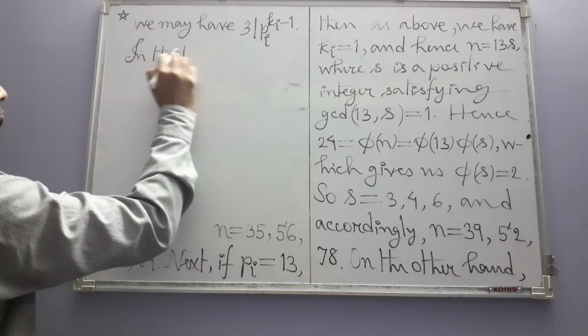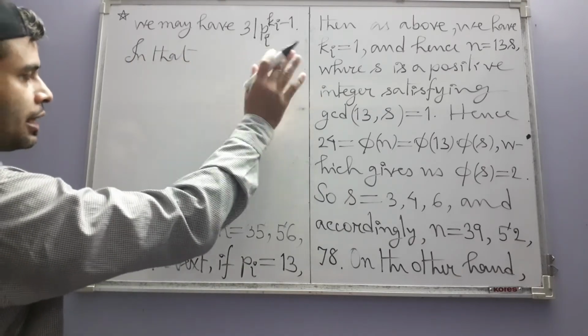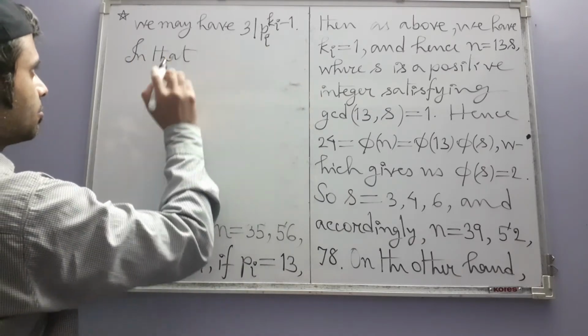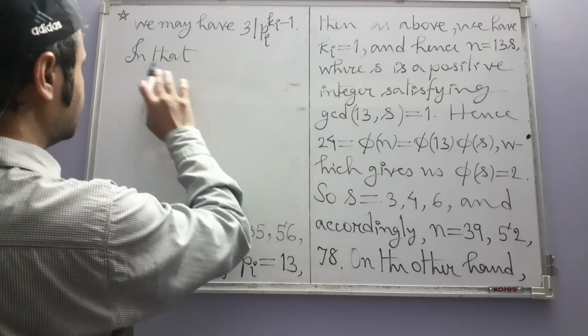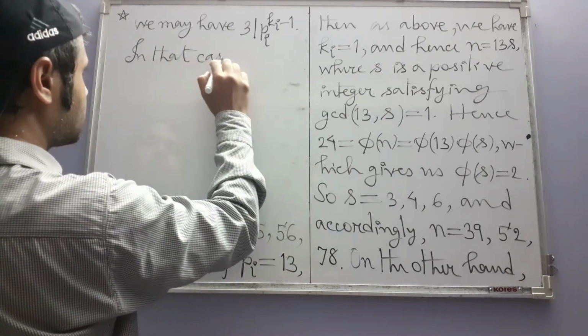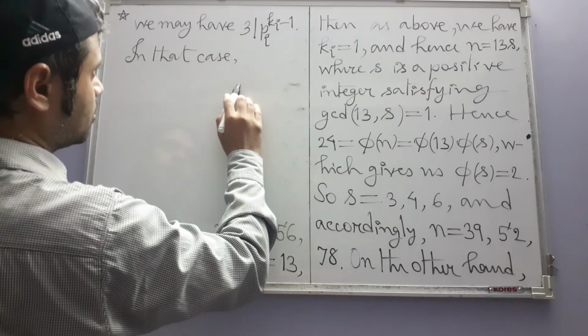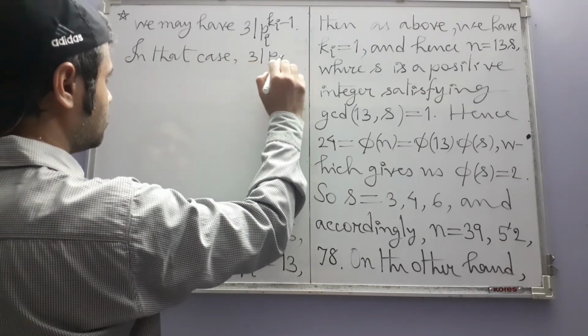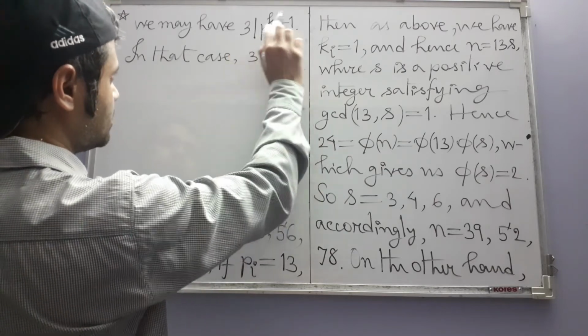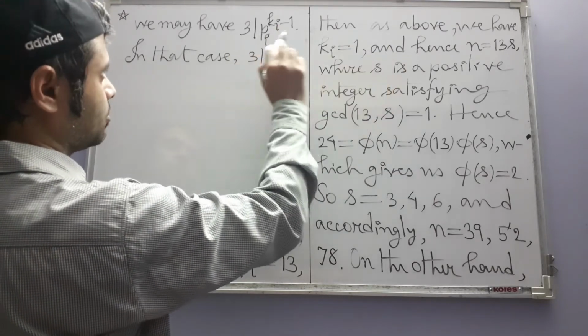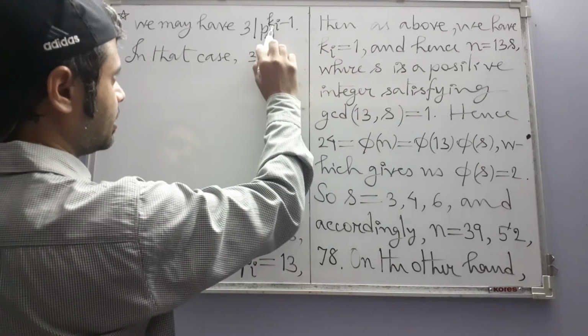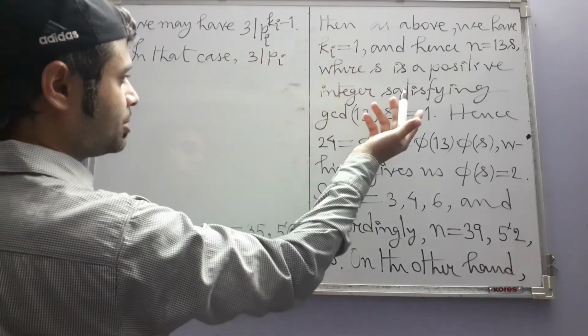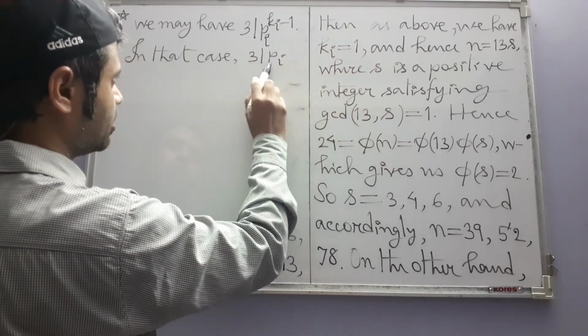In that, for some i between 1 and n, that I am not again writing. Ideally you should write. In that case, 3 divides pi, because this is the product of some numbers, ki minus 1 copies of pi being multiplied together.